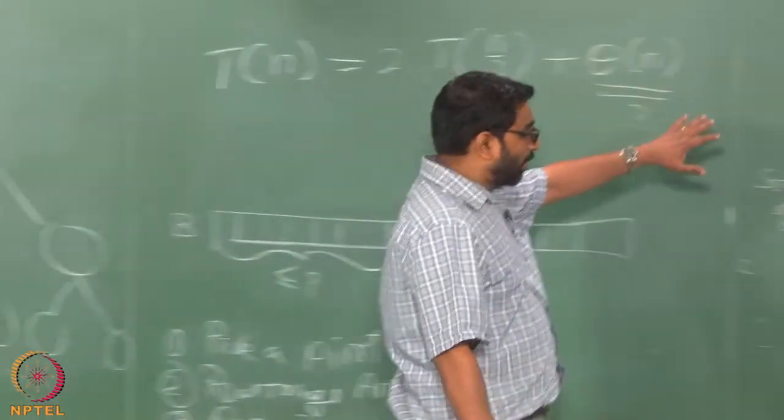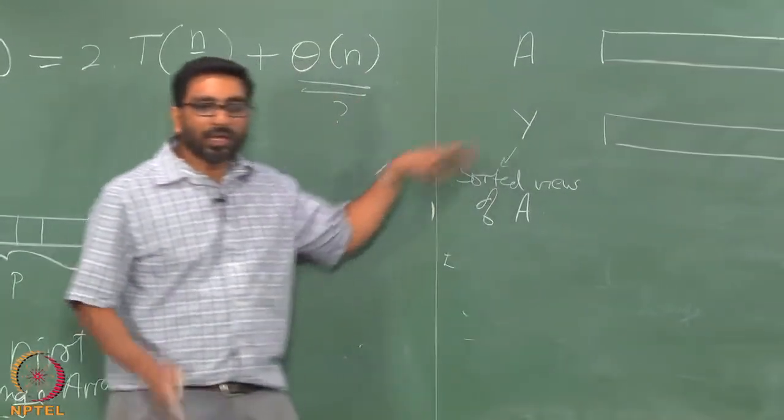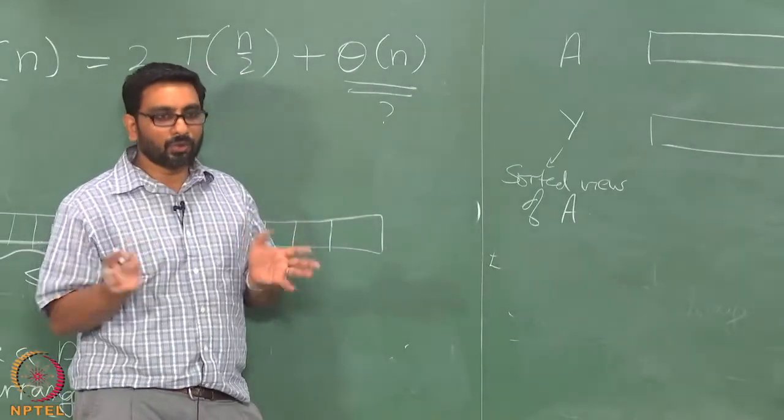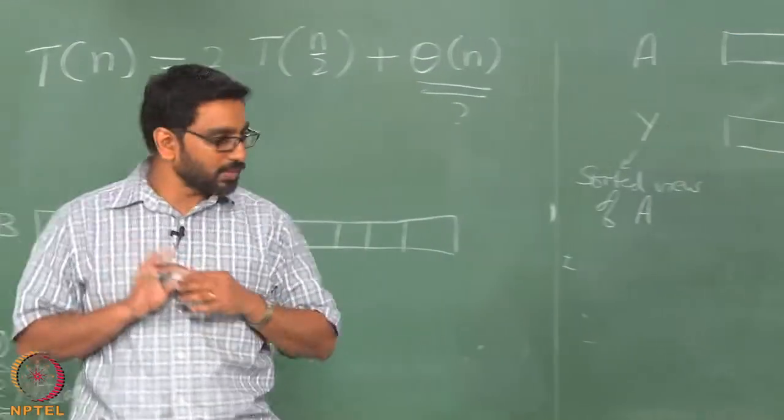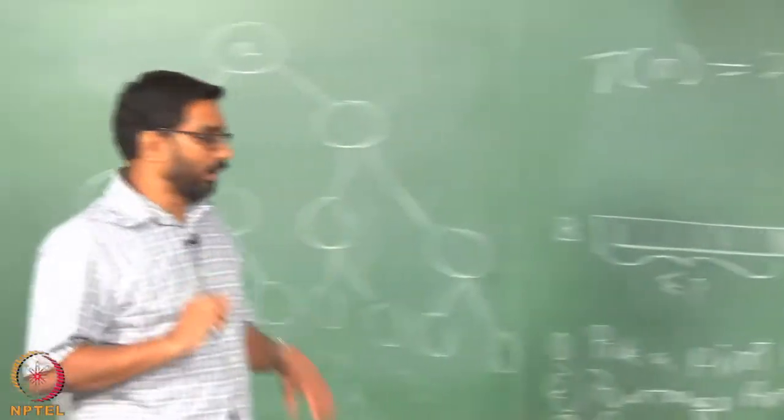Obviously, if you knew array Y, you could just output that. So you don't know array Y, but we're just doing analysis, and for the purpose of analysis, we're going to look at array Y.